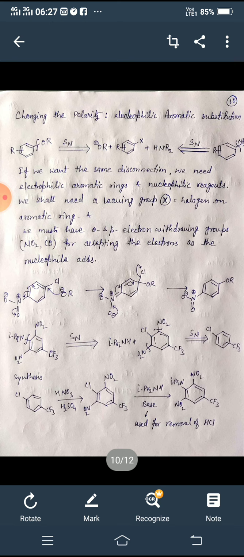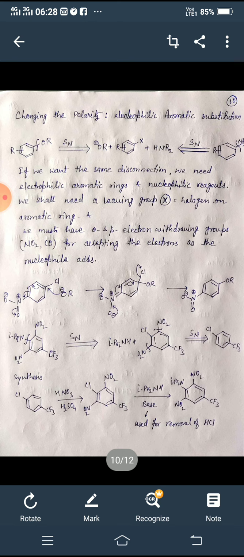So we get this kind of synthons. Here the benzene ring acts as the electrophile, and OR minus and NR2 minus are the nucleophiles. So if we make the same disconnection, we need an electrophilic aromatic ring and nucleophilic reagents.